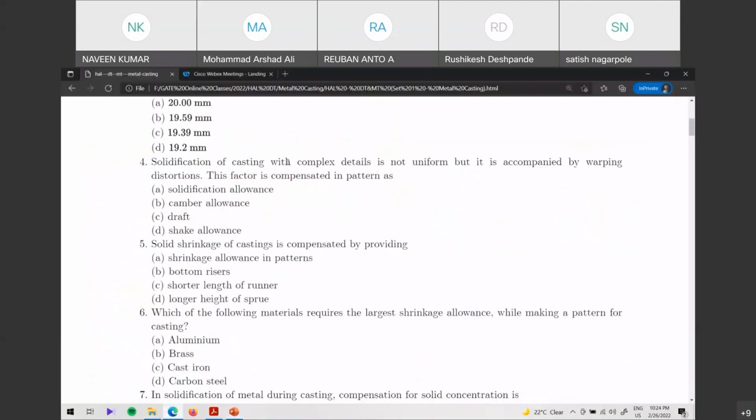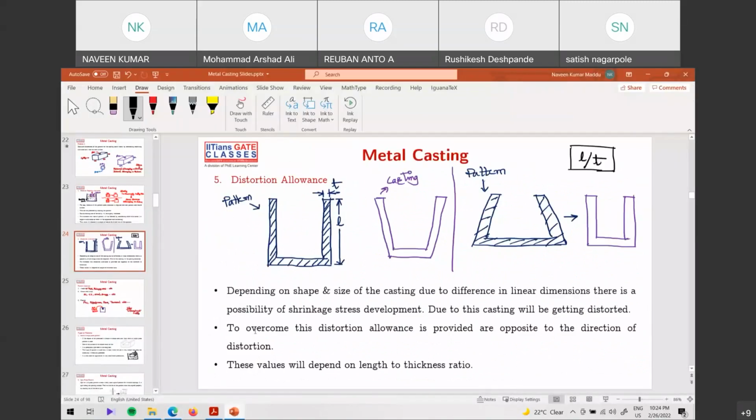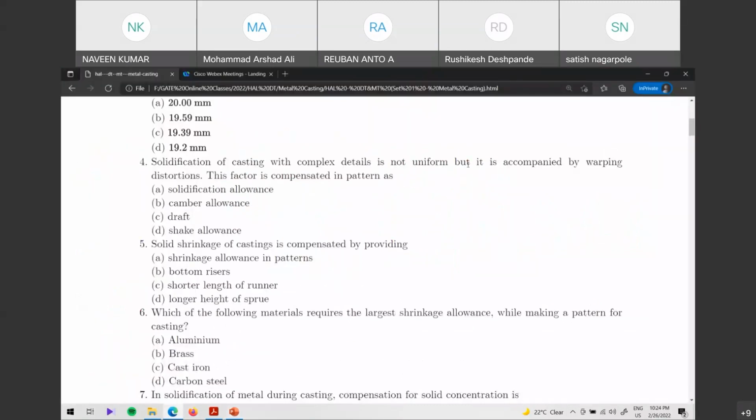Solidification of casting with complex details, complex in the sense small intricacies of very small dimensions, length to thickness ratios might be very high, which is not uniform, accompanied by warping, distortion. When you're saying distortion, that's it. It is camber allowance. The factor is compensated in the pattern as camber allowance. Answer is B. Next one. Next one. Come on. Next one.